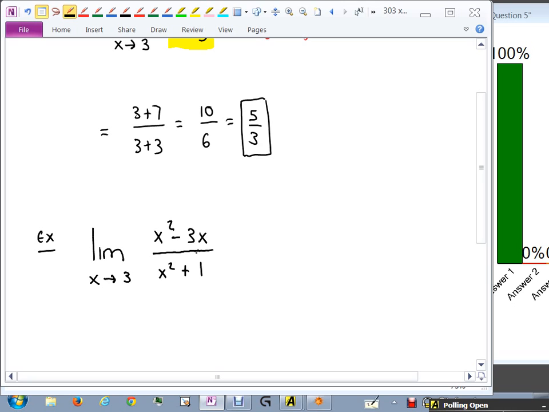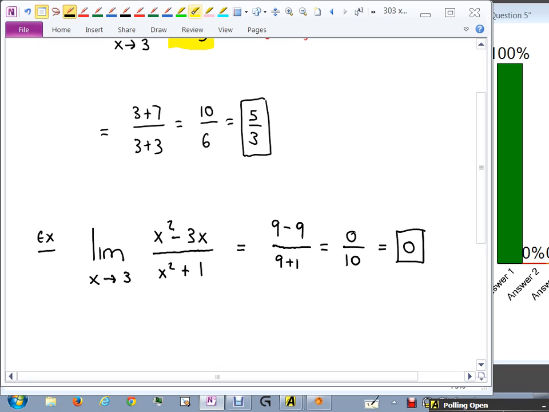So what I do first is just try to plug 3 in. What do I get on the top? 9 minus 9, over the bottom 9 plus 1, so this is 0 over 10. What's 0 over 10? 0. That's no problem there, right? No issue at all. So we don't have anything going on there.